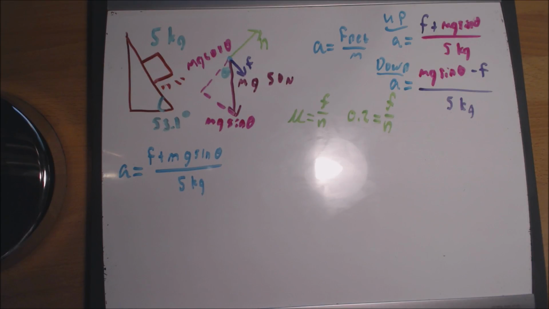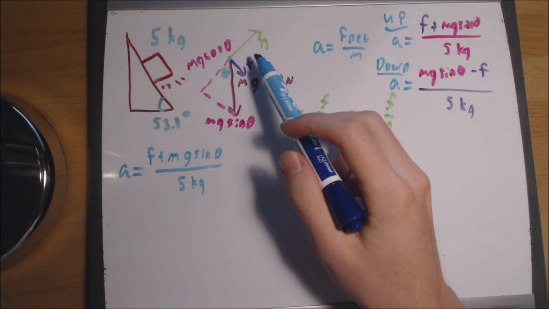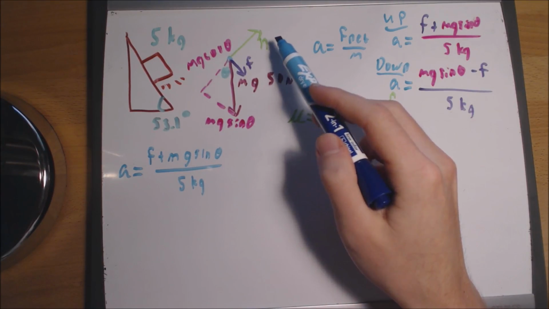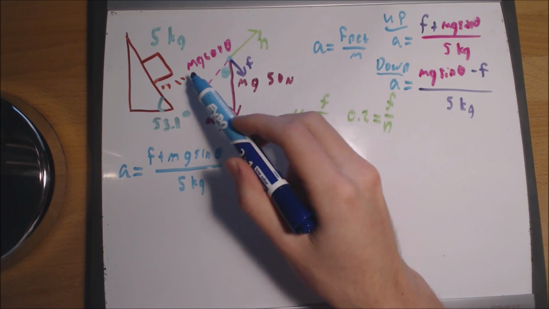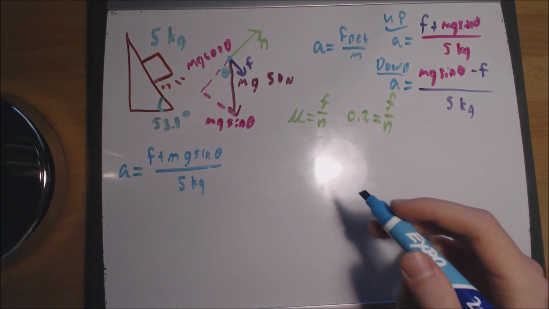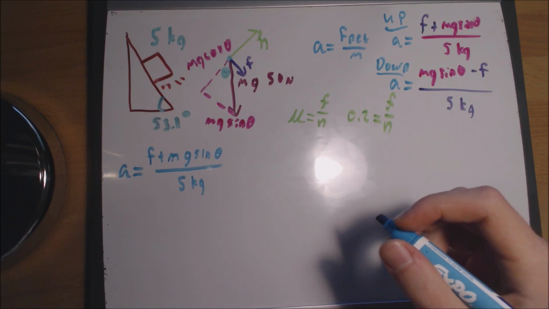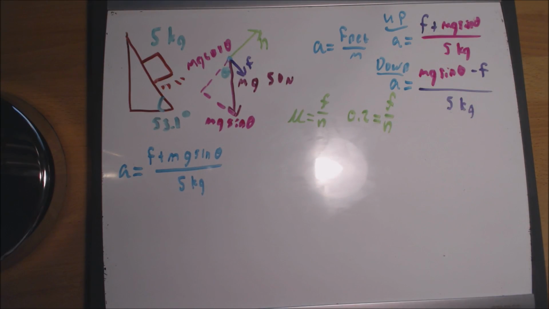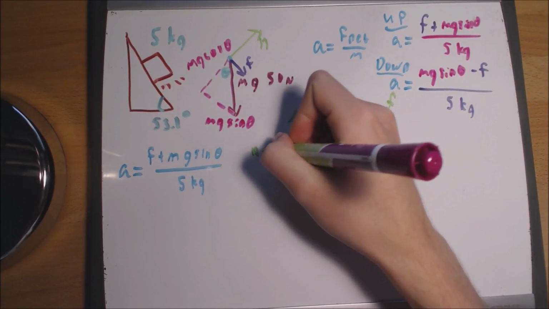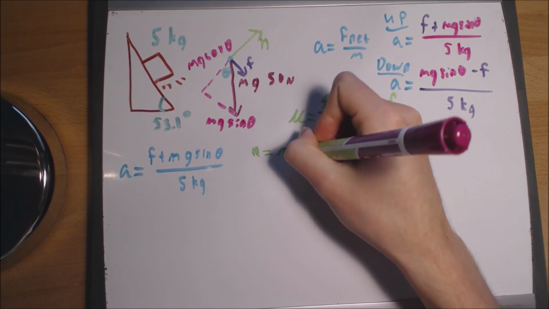Since I've talked about this a few times before, since we have no acceleration in the y direction, this normal force and our mg cosine theta have to be equal. So our normal force, let me just write that down as our little factoid: normal force is equal to mg cosine theta.